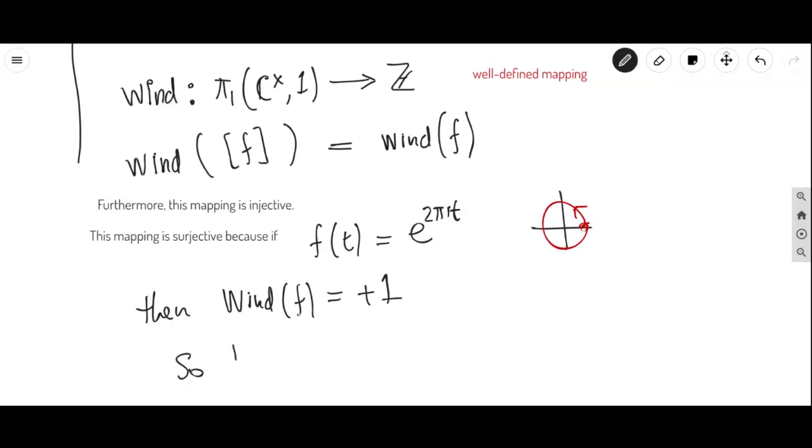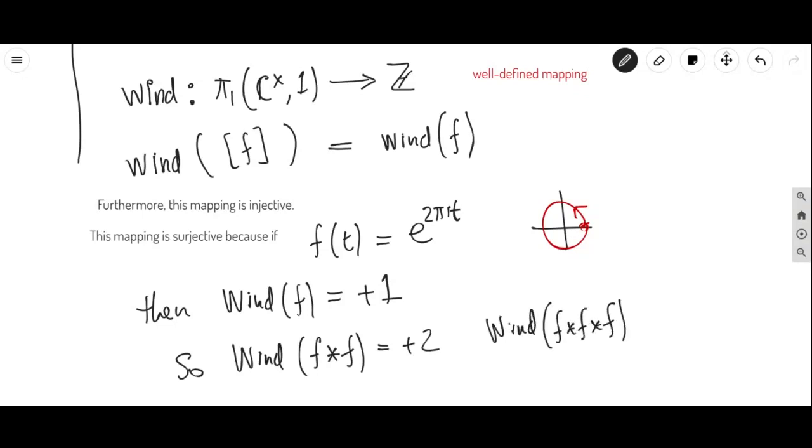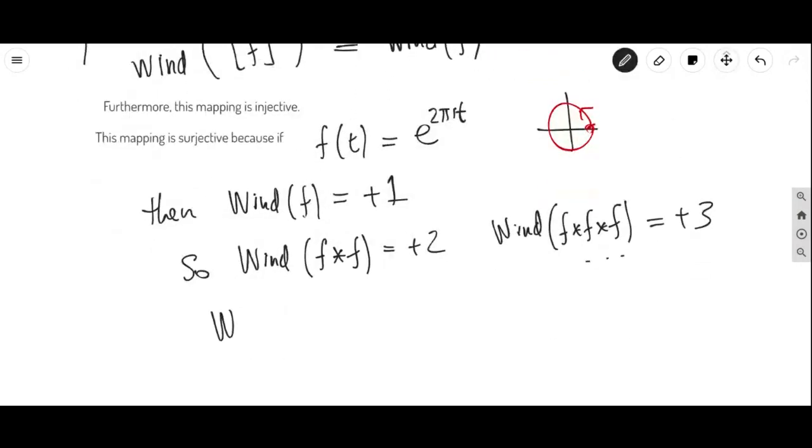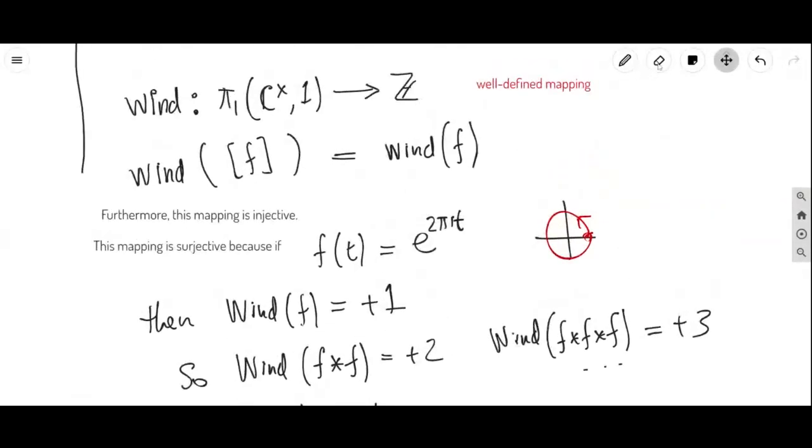If you juxtapose and go 2 times around, that would be +2. The winding number of f star f star f would be +3, and so on. And then you can use the reverse. The winding number of the reverse path would be -1, and so on. So this way you get all of the integers. So it's surjective.